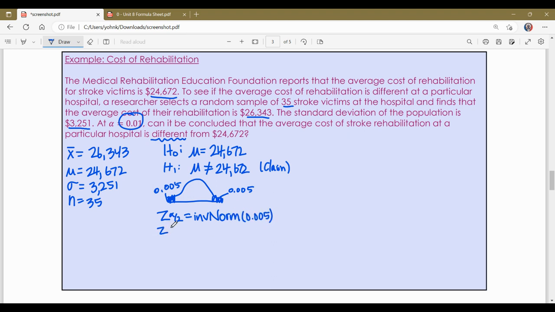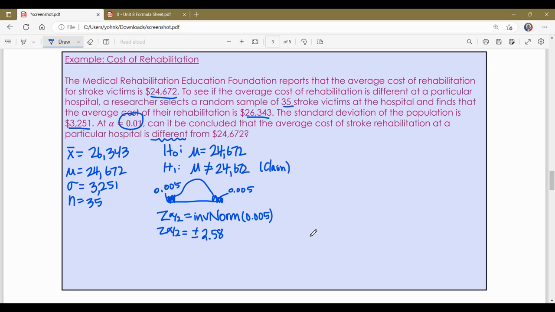Now, when I get my answer, I need to make sure I have two answers. So I'm going to have plus or minus, and then you get 2.58. So you know that it's different. You don't know if it's greater, you don't know if it's less, but you know that it's different. So therefore you have two critical regions. You split the alpha into two, and you have two critical values, plus or minus.